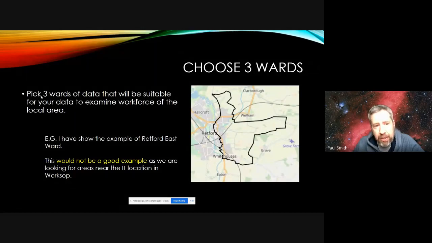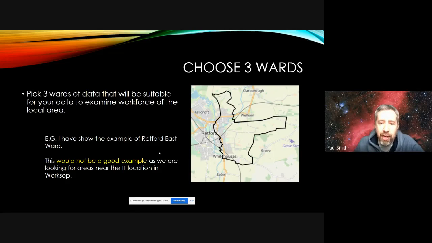And then I want you to pick 3 wards. So wards are areas, and examine different properties, population density, skills and workforce and things like that. So this example here shows Retford, and that's not suitable because we want to base it in Worksop.